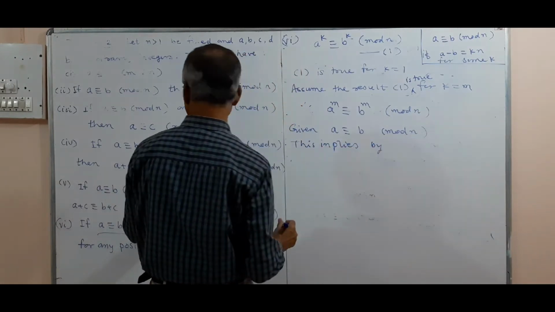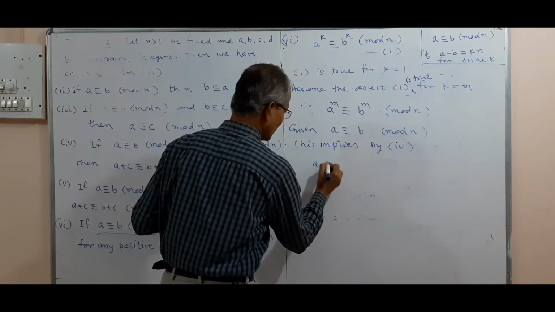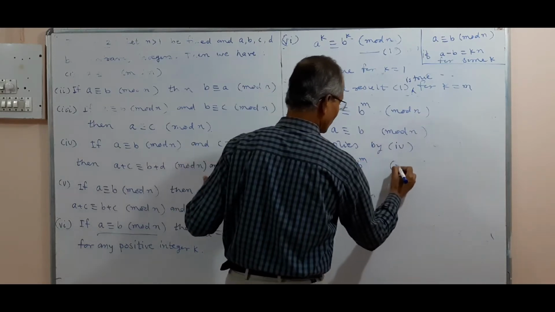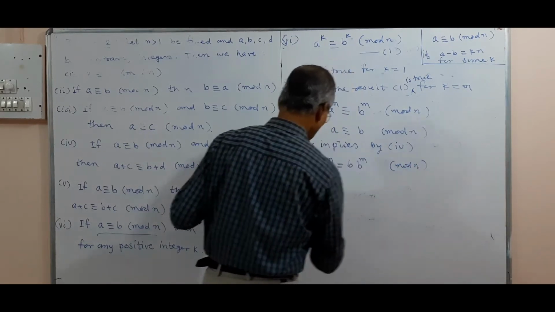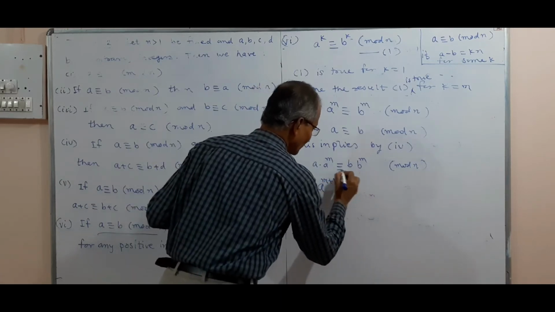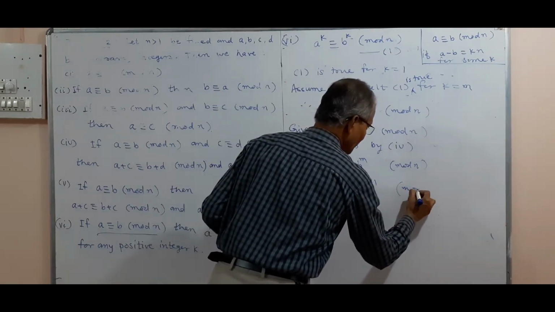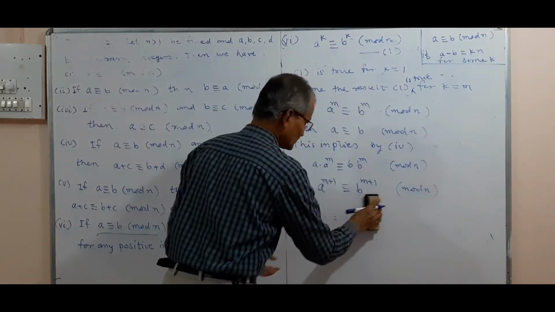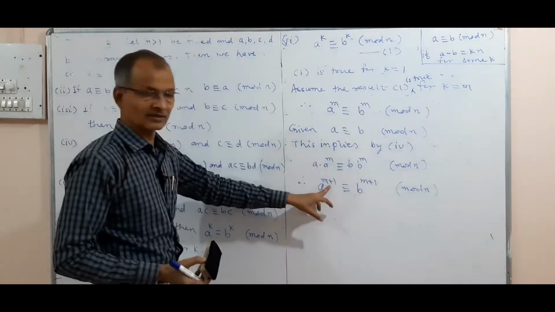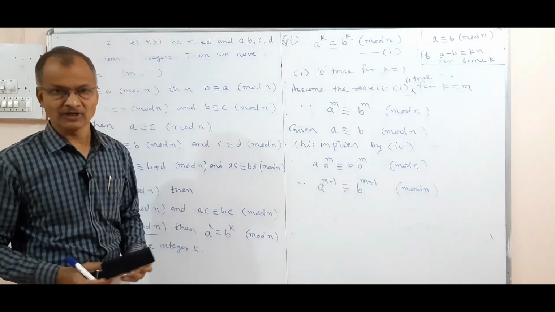So therefore, by this fourth property, A into A to the power m is congruent to B into B to the power m modulo n, or that means A to the power m plus 1 is congruent to B to the power m plus 1 under the same modulo n, and thus this proves the result is true for k is equal to m plus 1. That is the procedure for the method of induction.